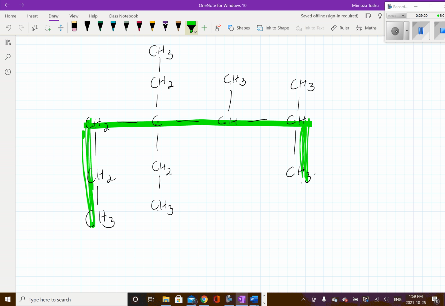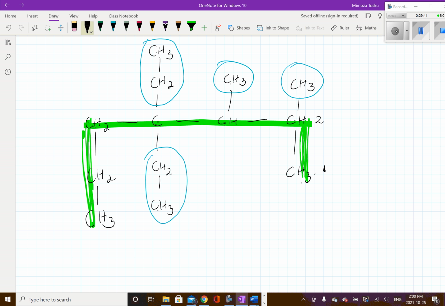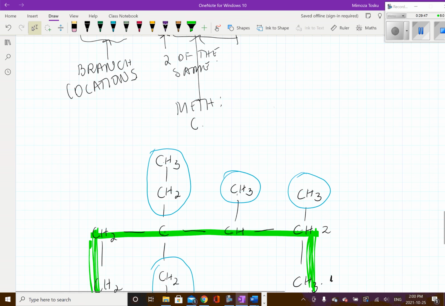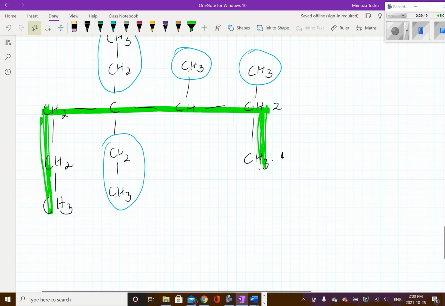Okay, let's identify the branches. We have one branch here, one branch here, one branch here, and one branch here. It is kind of obvious that we will start counting from this side, because the closest branch is here, this methane that we have here.